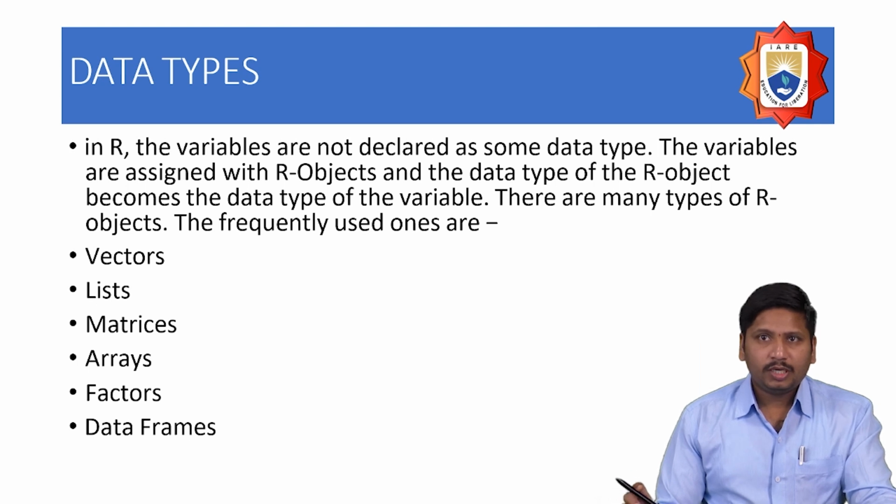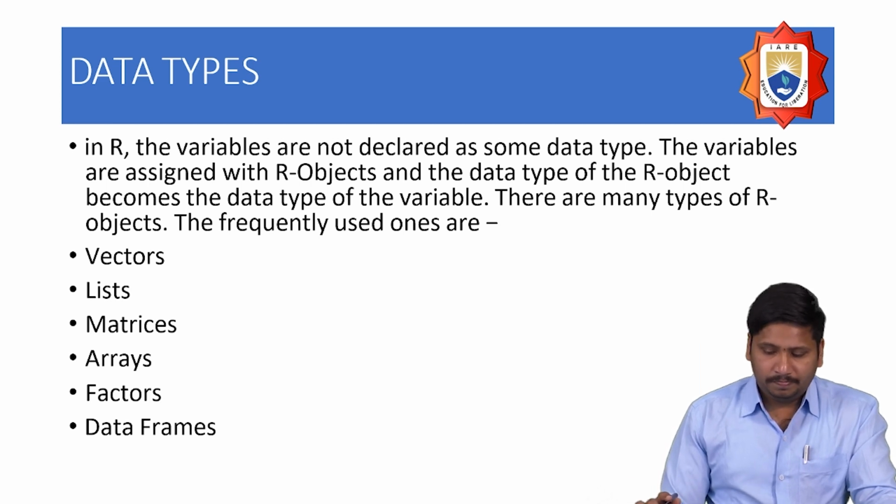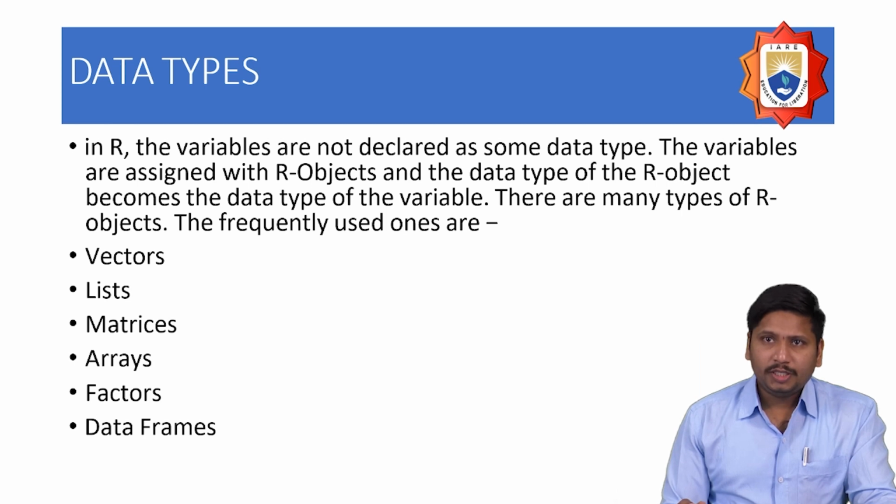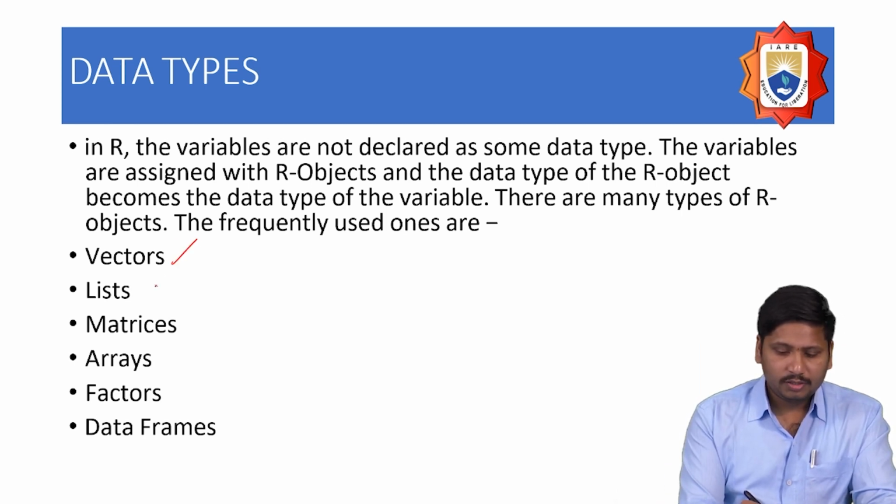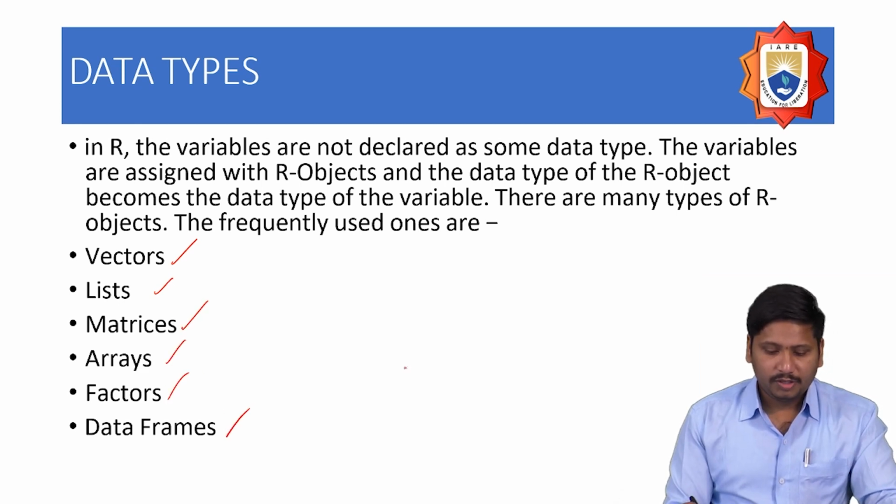The variables are assigned with the objects, and the data type of the object becomes the type of the variable. There are many types of objects that are used frequently here, like vectors, lists, matrices, arrays, and data frames.